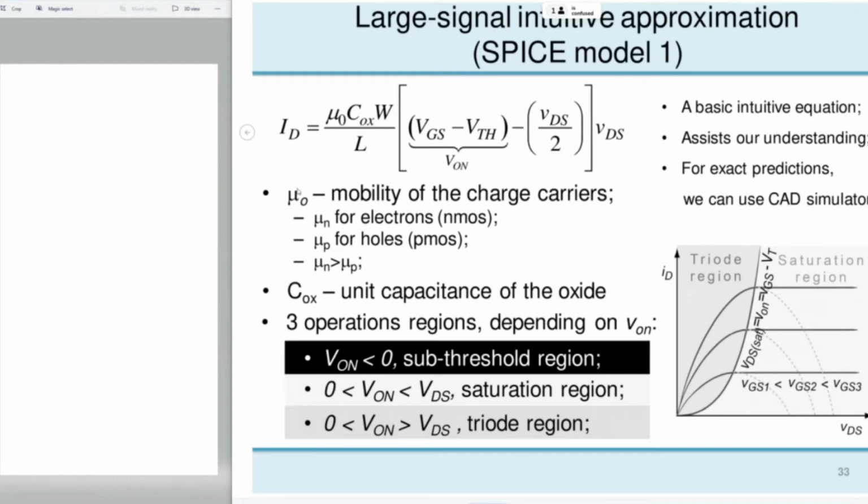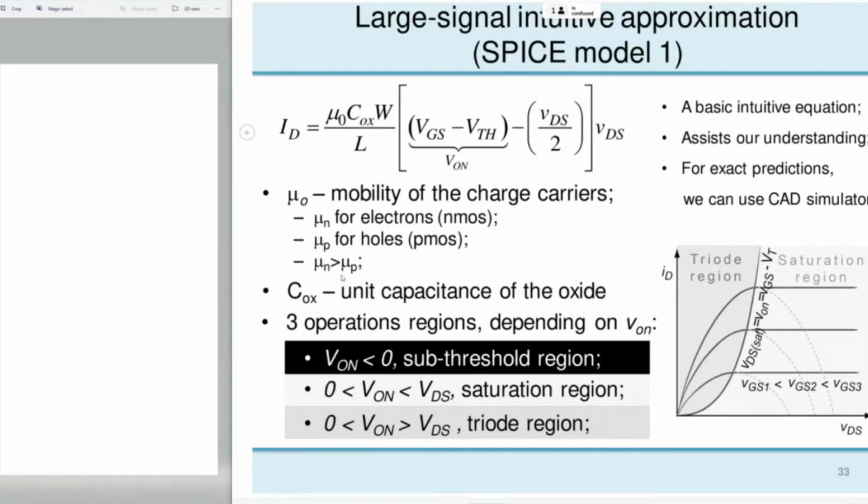The mobility, of course, here for electrons, the NMOS transistor, is mu-n, and for the PMOS is the mobility of the holes. And here is again a point that you can memorize directly.